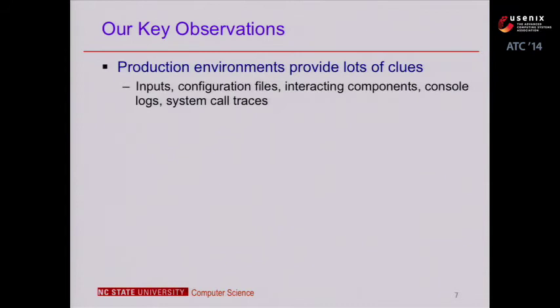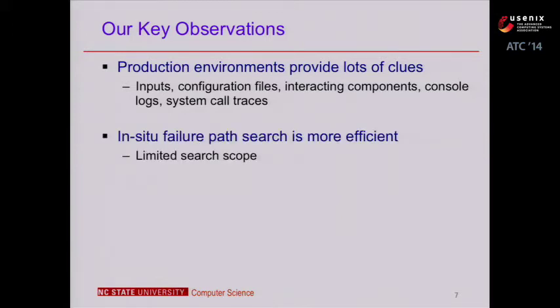We observe that the production environment provides a lot of important clues, such as inputs, configuration files, interacting components, console log messages, or system call traces. If we could leverage this kind of information, we could perform a much more efficient failure path search, because we have a much smaller search scope.